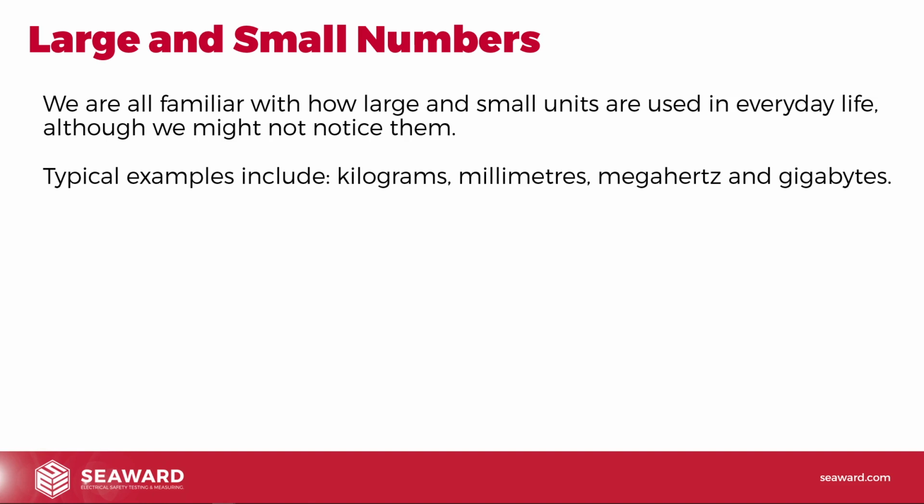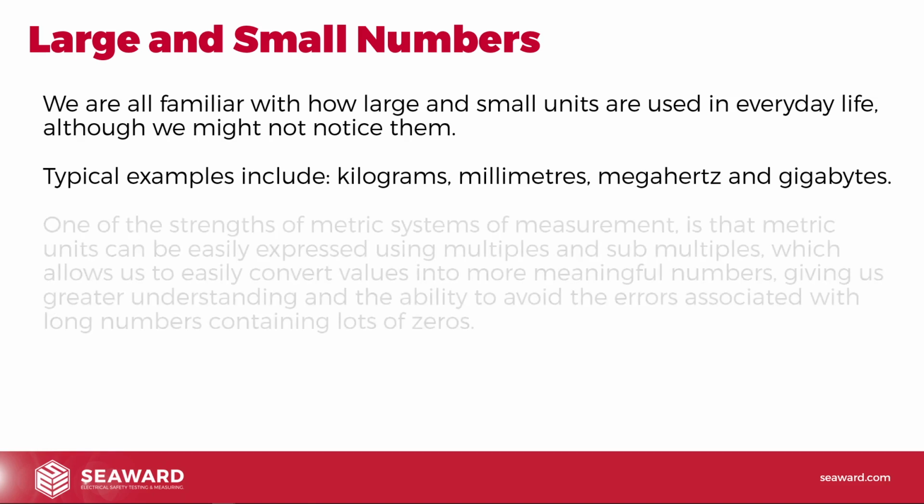These prefixes, kilo, milli, mega, giga, are used to denote very big or very small numbers. They become so common that we don't really notice them. But they are used a lot within electrical properties, particularly when we're doing PAT testing.